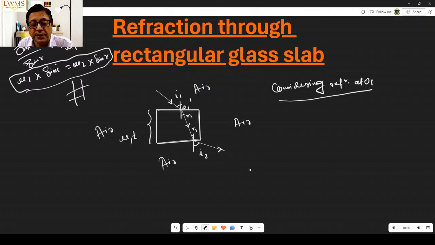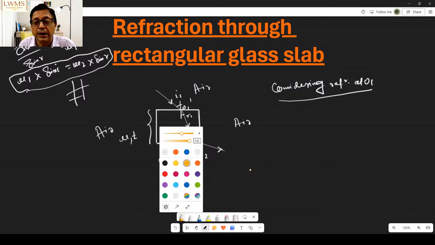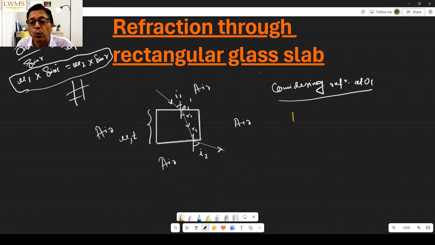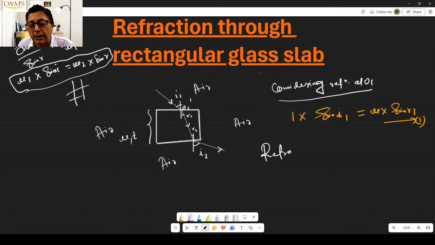So considering a refraction at O1, what can we write? 1 into sin I1 will be equal to mu into sin R1. This is number 1. Now consider this refracted ray again refracted here at the point O2.